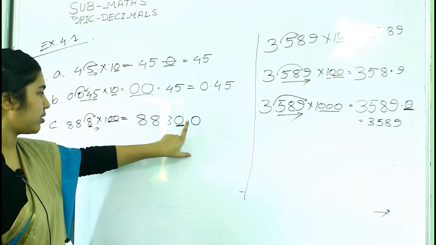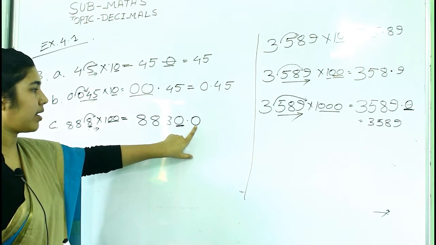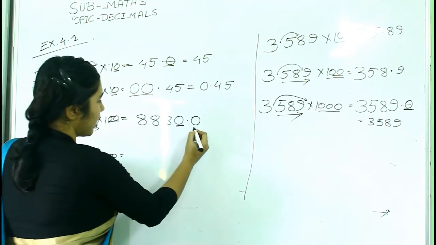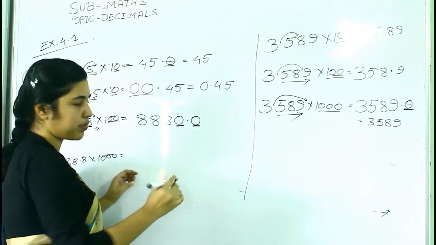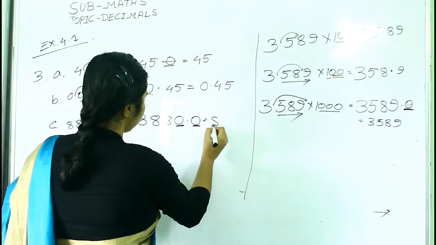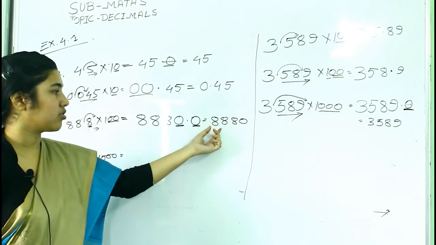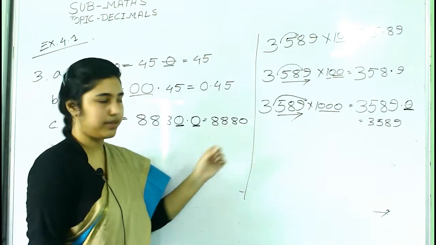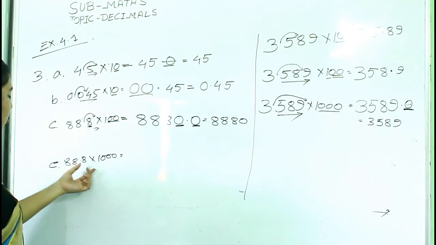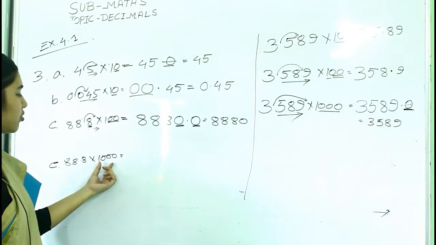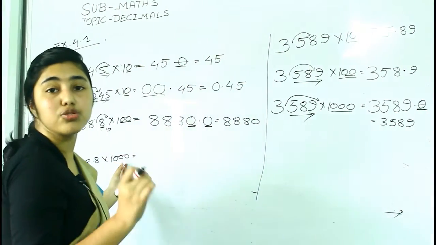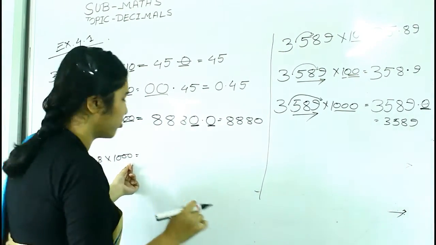Now put the decimal point and consider 0. But here also the decimal part is 0, so we can write it as whole number 8880. Next here we have to multiply this number with 1000, which means 1 is followed by 3 zeros.